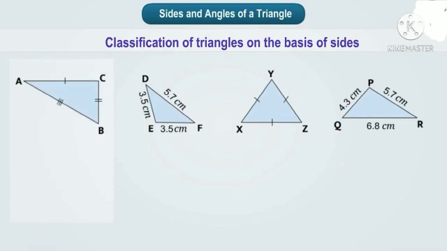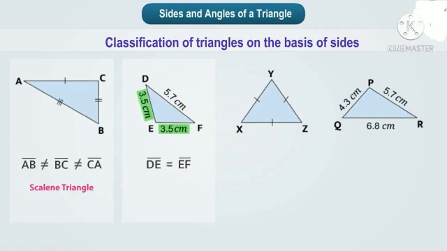Let me tell you, these different signs on the sides of triangle ABC tell us these three sides in this triangle are not equal. So, this is a scalene triangle. By looking at triangle DEF, the measures of sides DE and EF are equal, but the measure of side DF is not equal.